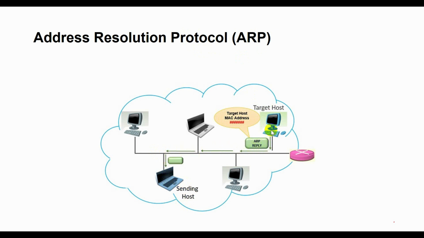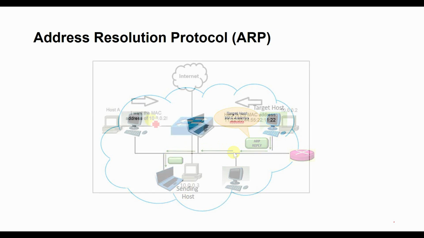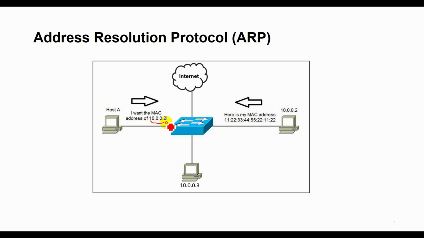ARP is a protocol that enables network communications to reach a specific device on the network. ARP translates IP addresses to a MAC address and vice versa. Most commonly devices use ARP to contact the router or gateway that enables them to connect to the internet.